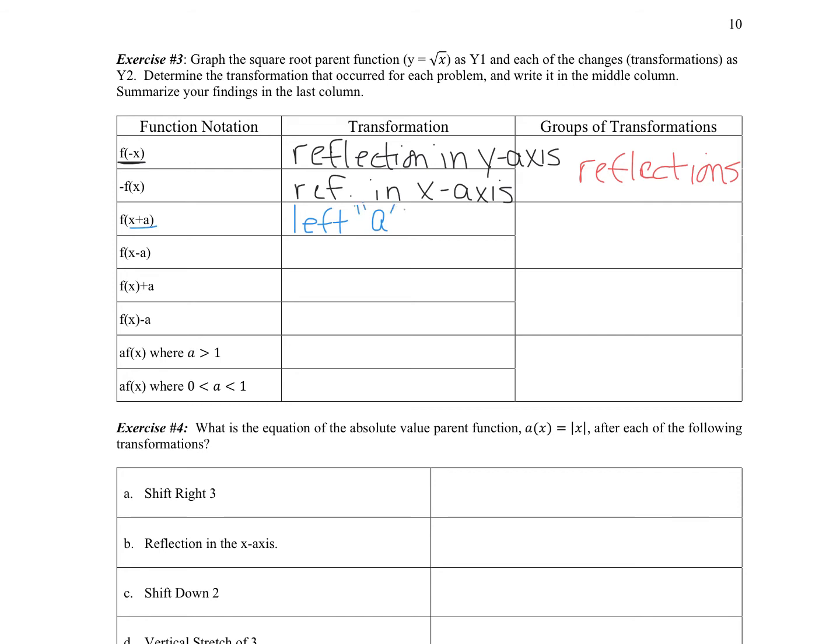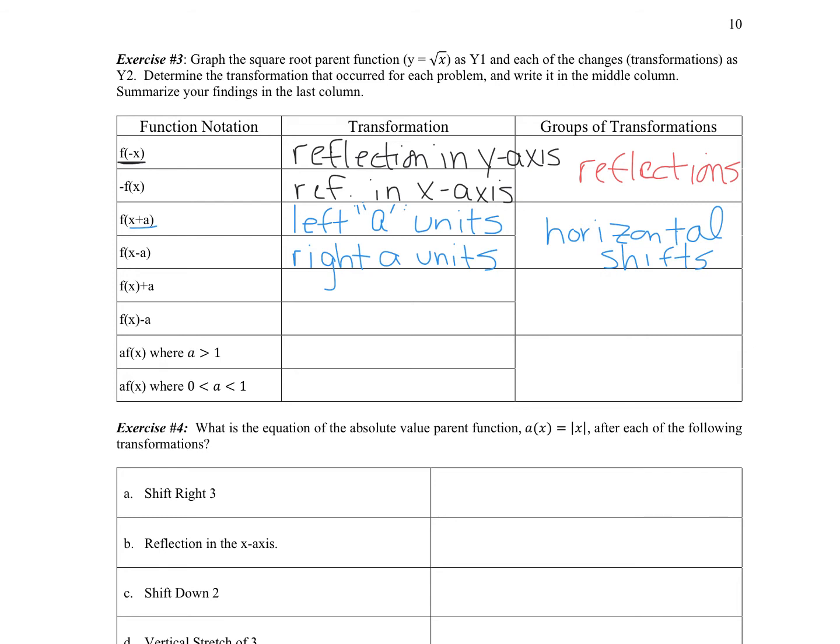The next one, you guys get the idea. We're just taking whatever number is plugged in for a. So the next one is right, a units. And those two together make up our horizontal, so back and forth shifts.